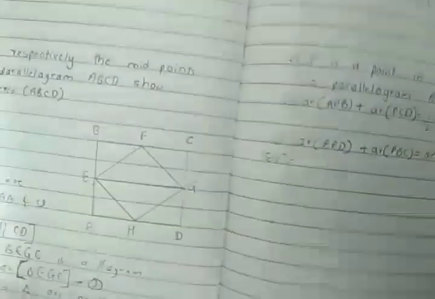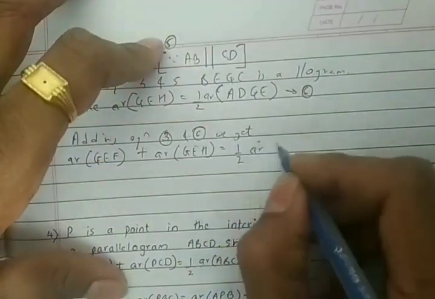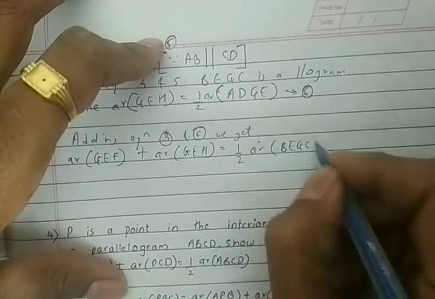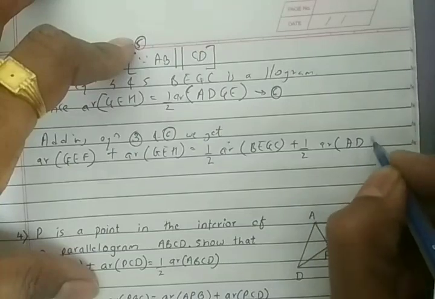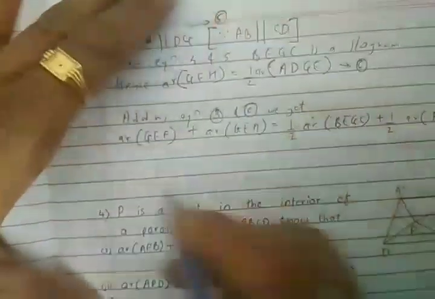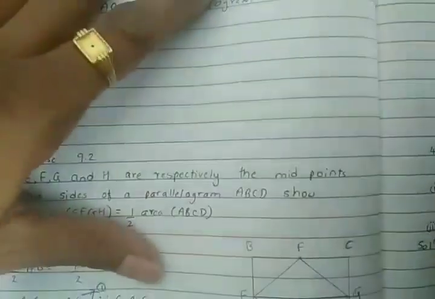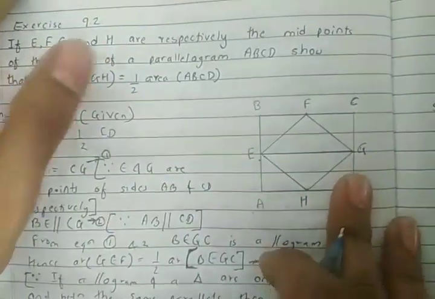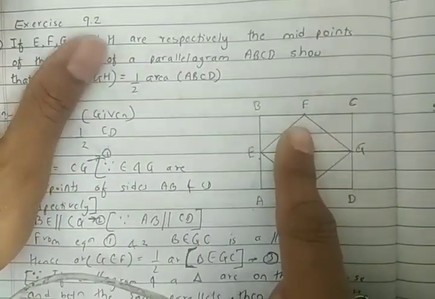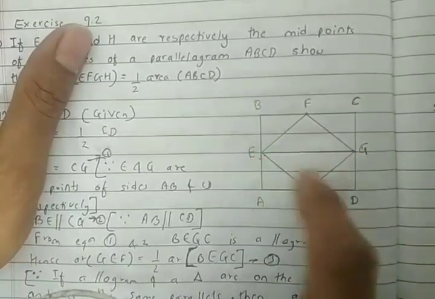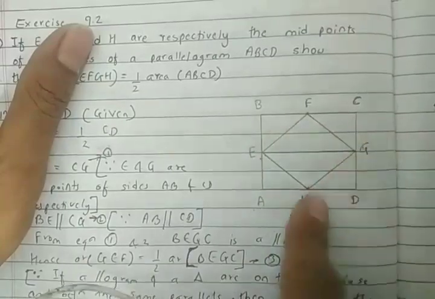Half of area of BEGC parallelogram plus half of area of ADGE parallelogram. So this will become half of, now you see in this figure, GEF plus GEH will get you this parallelogram EFGH.